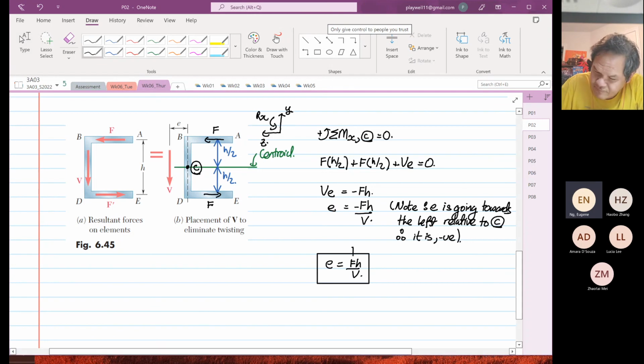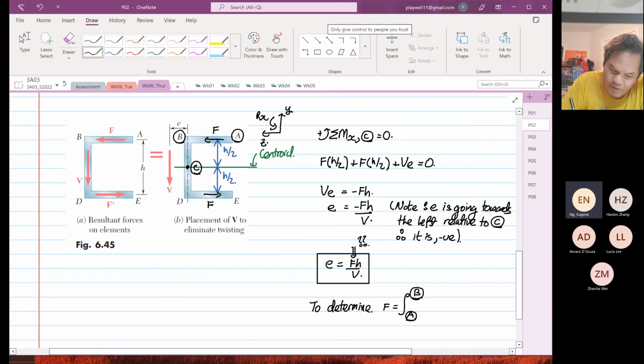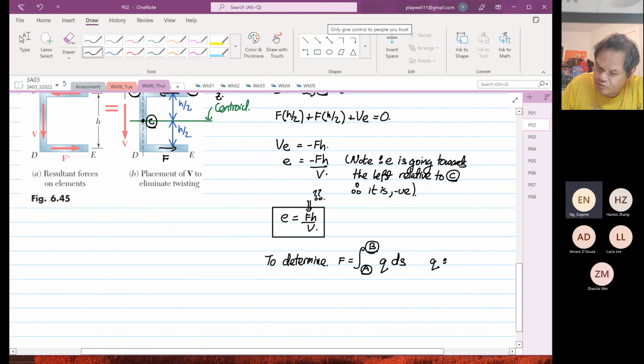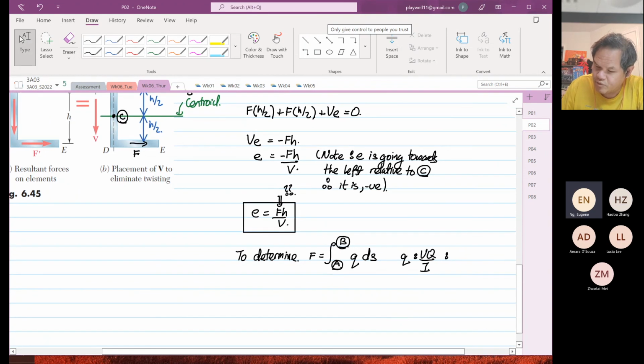The first thing is how to find F. To determine the force between A and B, we integrate from point A to point B, the limits A to B, of q, shear flow, multiplied by ds, where q is equal to VQ over I. The units here are Newton per meter.